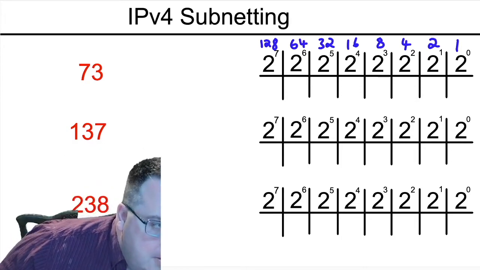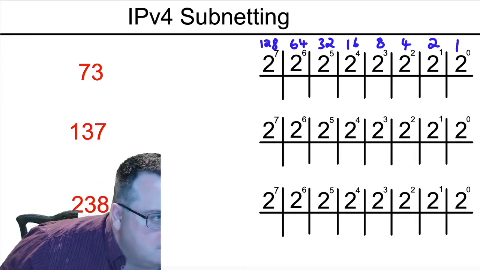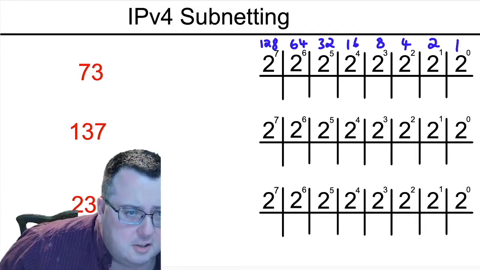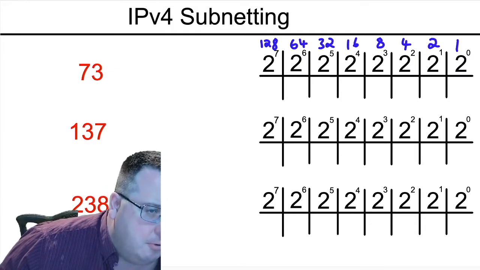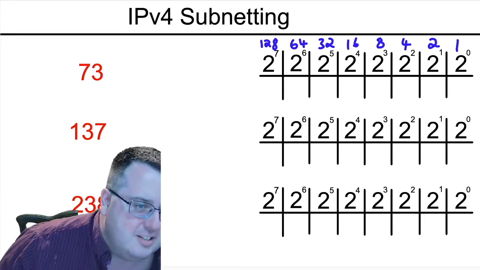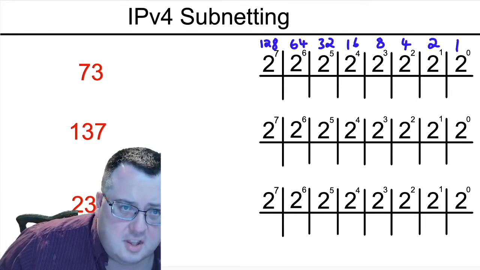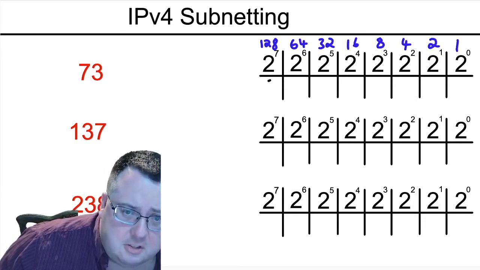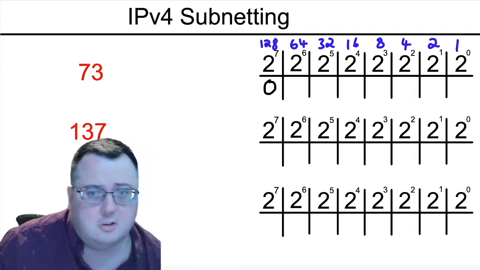So you should be able to see immediately with 73 that I can't put 128 into 73. So that means there's going to be a 0 in the 2 to the 7 column.